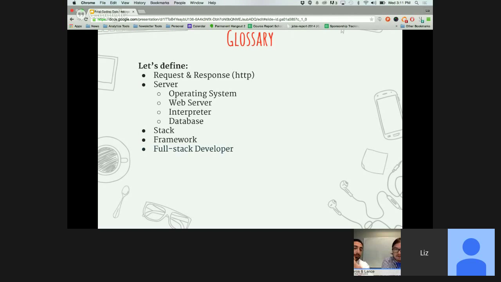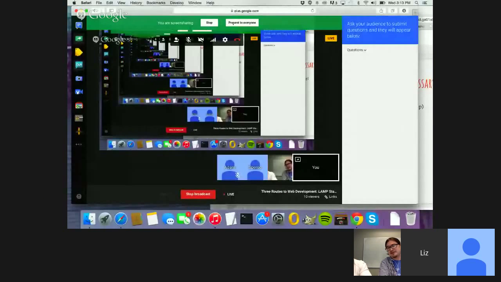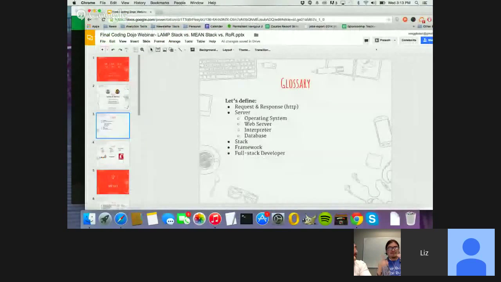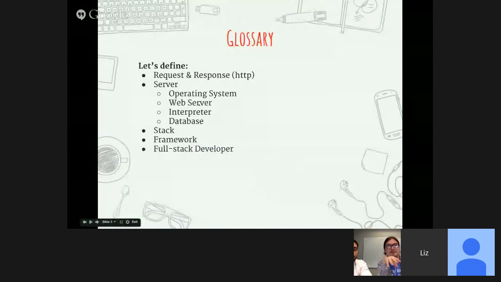Got it. And a framework is basically a collection of libraries, and also, when you're making a project, you're going to have different parts of your project and different features and what they do.